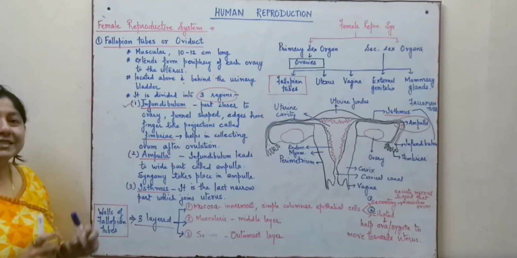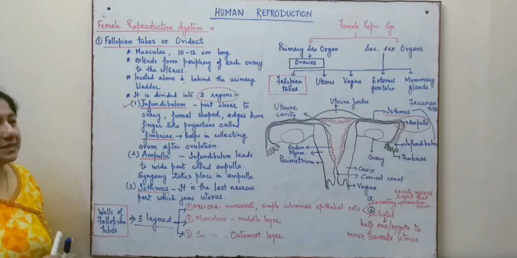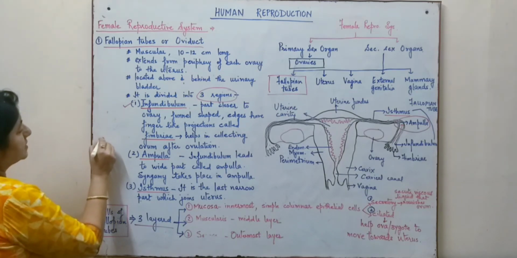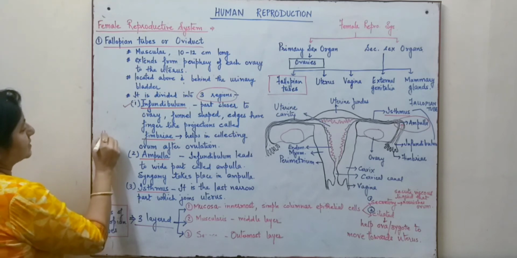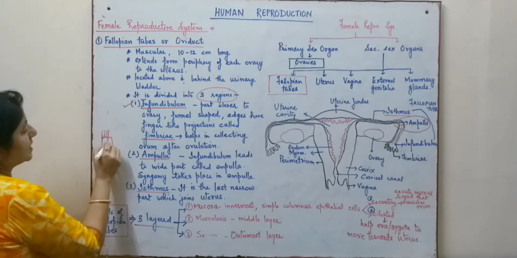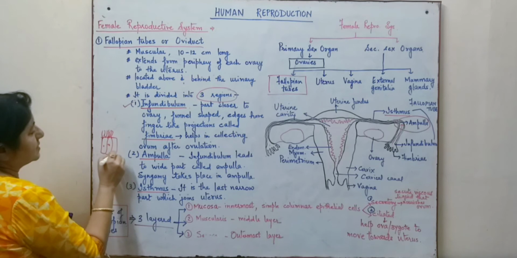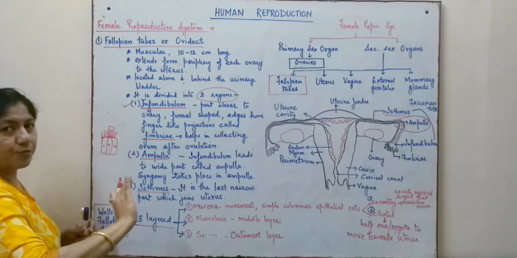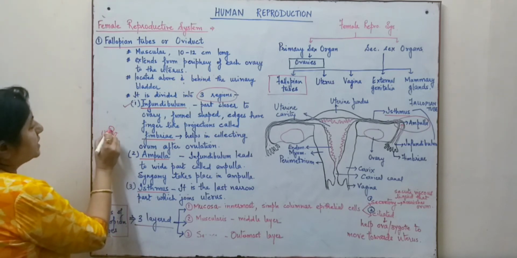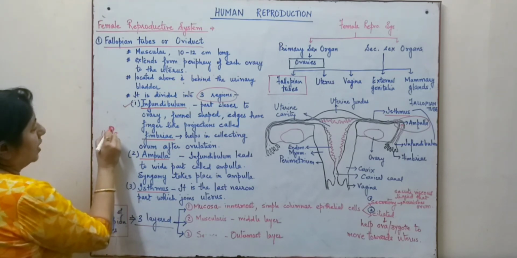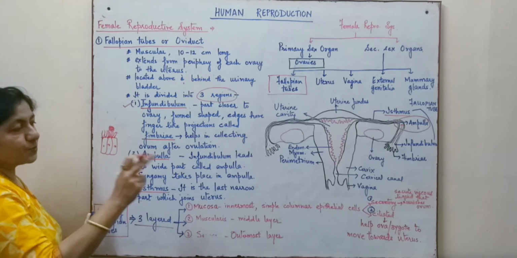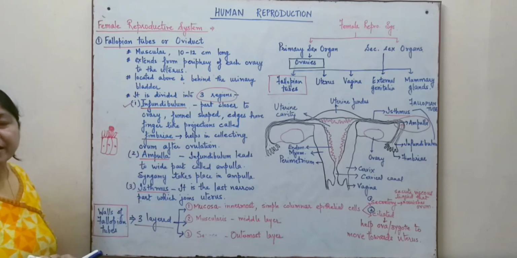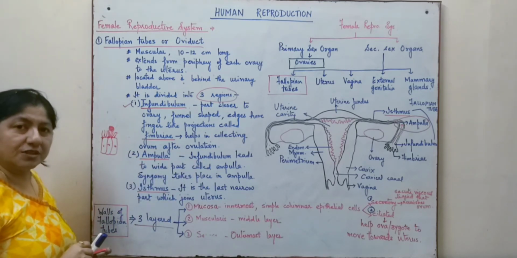The ciliated columnar epithelial cells, by their systematic ciliary movement, push the ovum smoothly, while it is continuously nourished by the secretions from the secretory cells.